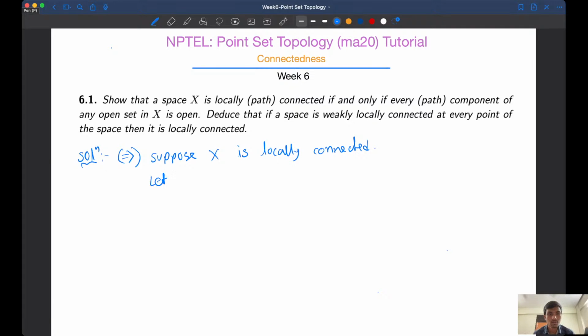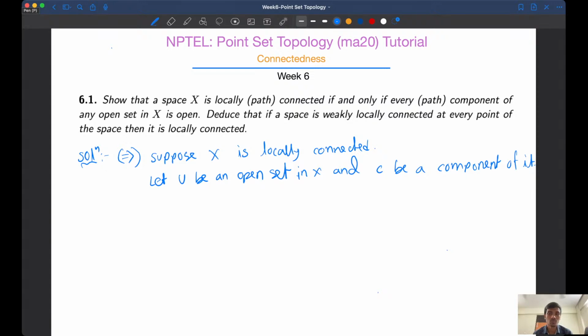Let U be an open set in X and C be a component of it. That means connected component, right? So component means a maximal connected set in U. So we need to prove that this C is open.